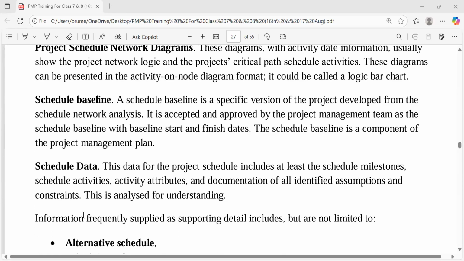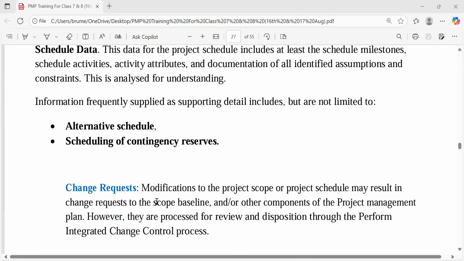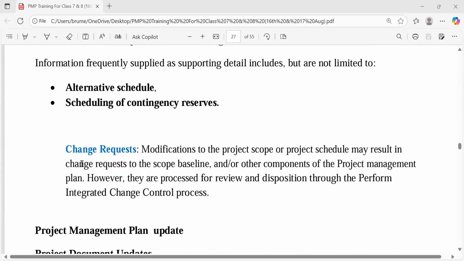Schedule data is there. Whatever we are getting, we are analyzing. Then in a place where we see that things were not well defined, we may raise a change request for modifications. And once it's been approved, we go back to incorporate it into the project management plan. And what happens? We call it a document update, and we move on.